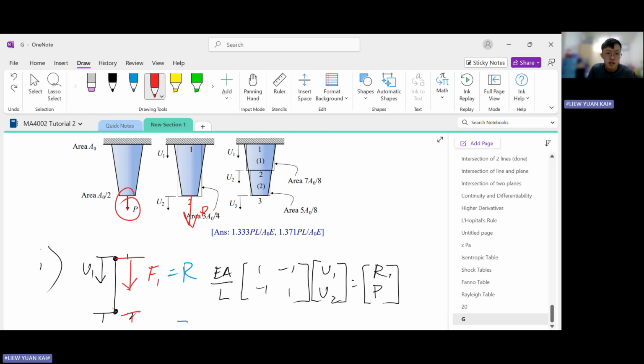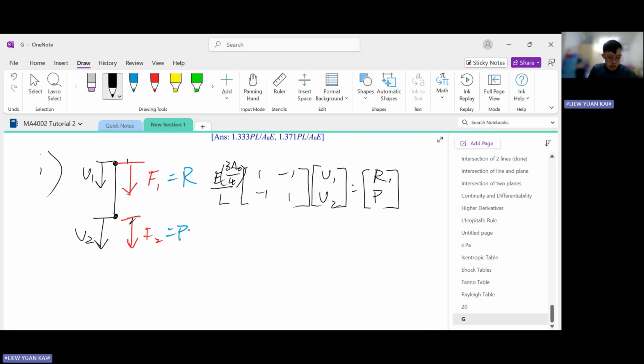In this model, the cross-section area is 3A naught over 4, so let's substitute that in. If you simplify this, it'll be 3 A naught E over 4L times [1, -1; -1, 1].